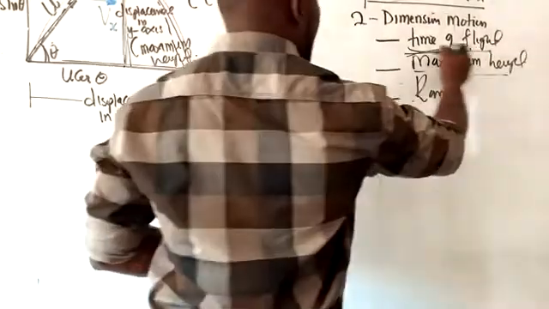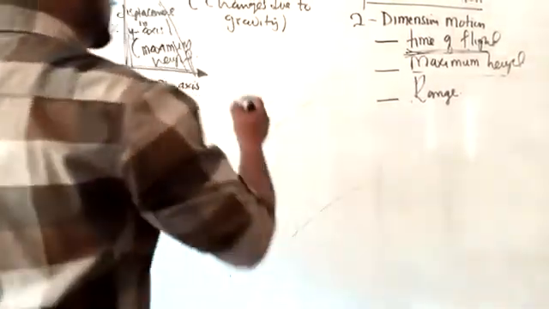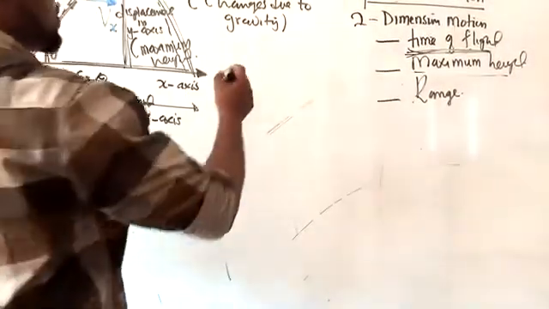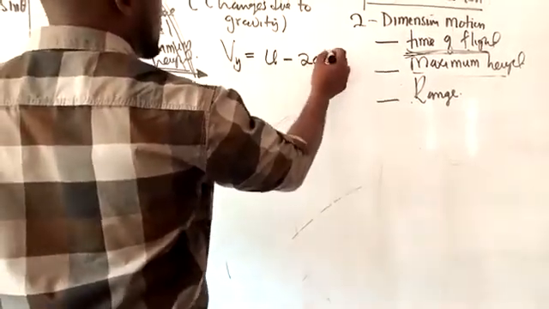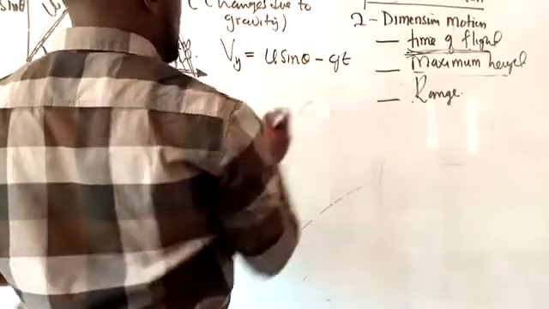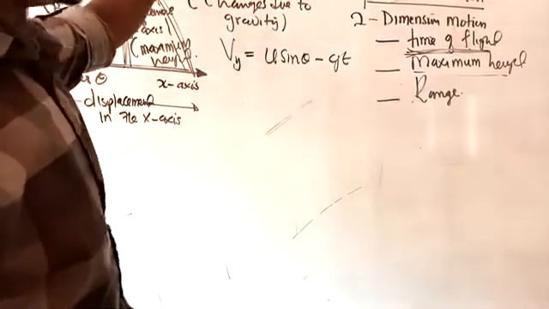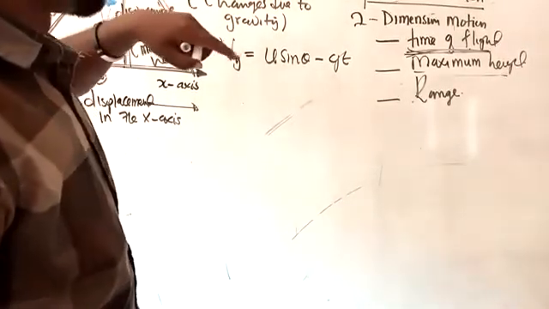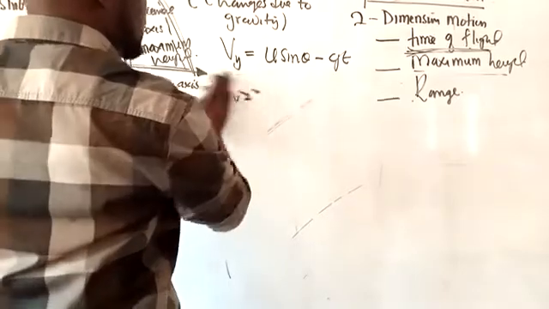Coming to the time of flight, first and foremost, you look at the three equations of motion. In terms of projectile motion, the three equations are Vy equals u sine theta minus gt. Remember, everything else is Vy, because Vx is constant, as we know, but we'll not write it here.